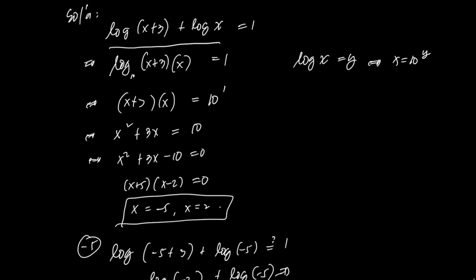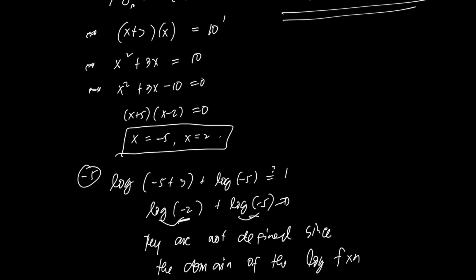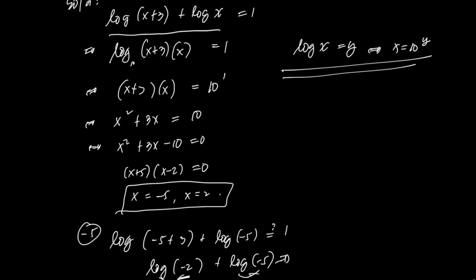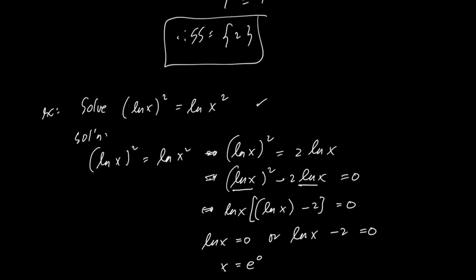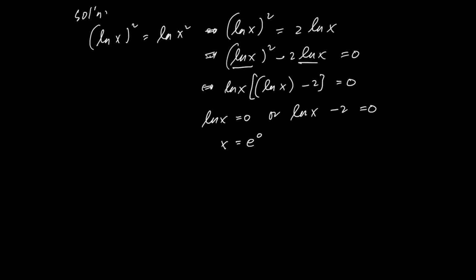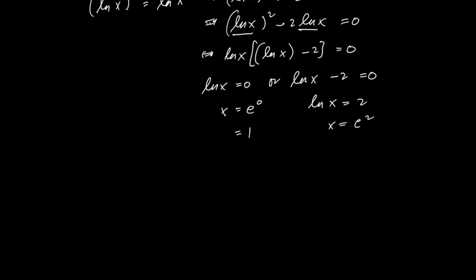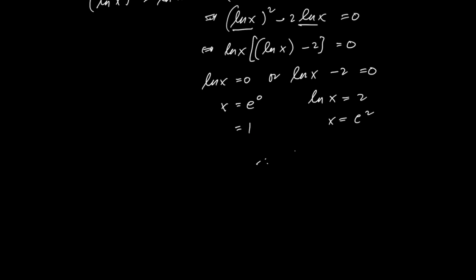Remember the definition, but our base here is e since we are in a natural logarithm. So x is equal to e to the 0, which is 1. Here we have ln of x equals 2. Again, applying the addition property of equality, x equals e squared. Now, these are the solutions, 1 and e squared.